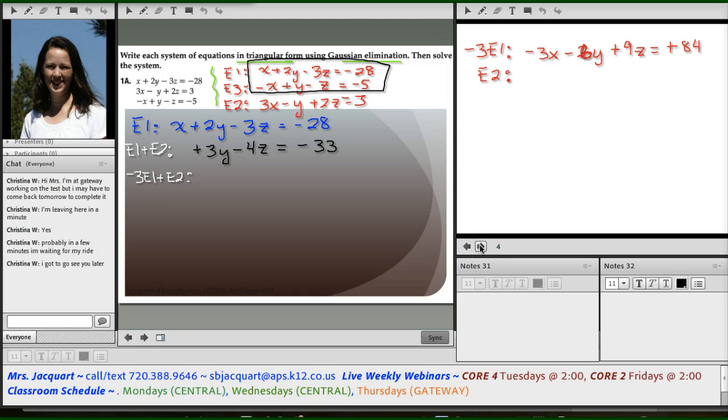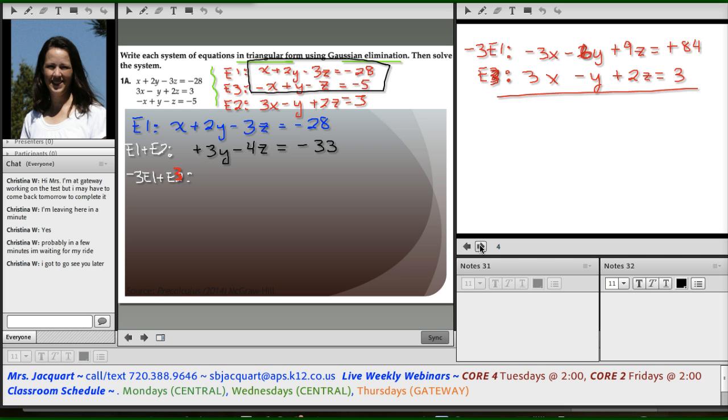So I get, well, it's equation 3 now. Okay, I gotta go back. This now is equation 3. Okay, so equation 3 in my new order, because every time you redo your equations, you have a new order of your equations. So this is going to be 3x minus y plus 2z equals 3.